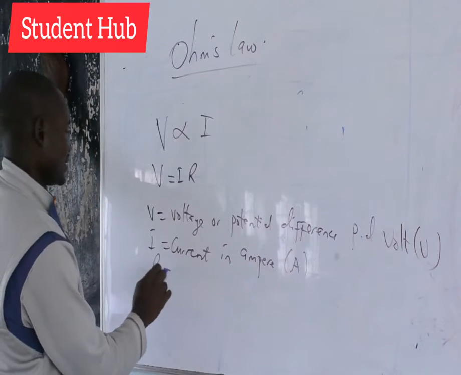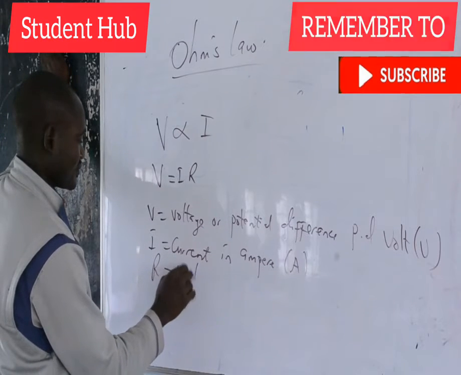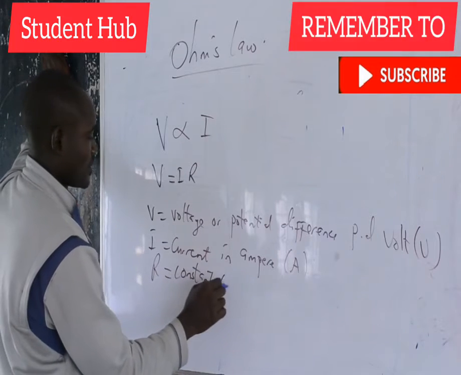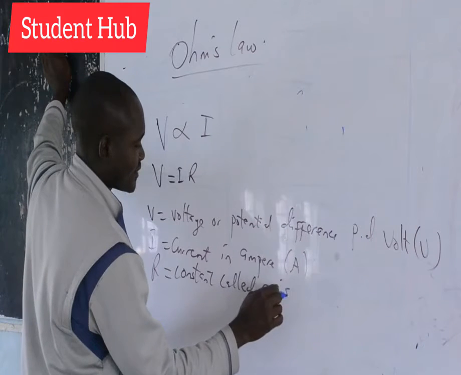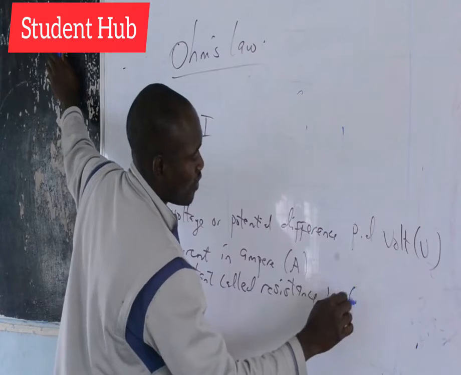Then R is a constant called resistance, in ohms.